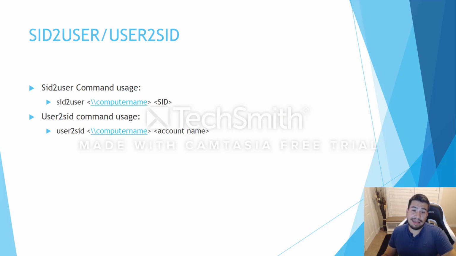Once we see that the command is successful, we can now run the sid2user utility and see what results we get by running it against our victim system, which is again 192.168.100.100.